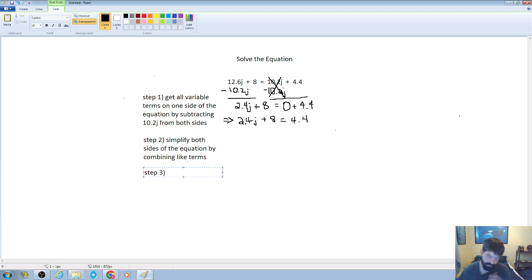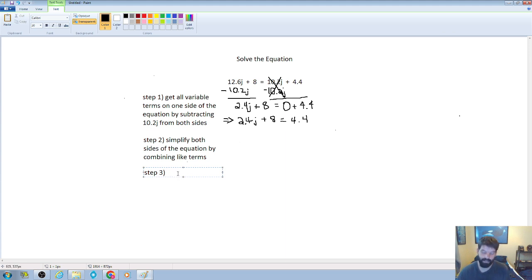A student looking at this step refers back to their order of operations: j has 8 being added to it and 2.4 being multiplied by it. In order of operations, multiplication and division trump addition and subtraction, so since j is being multiplied by 2.4, I have to undo that operation by dividing by 2.4 on both sides.